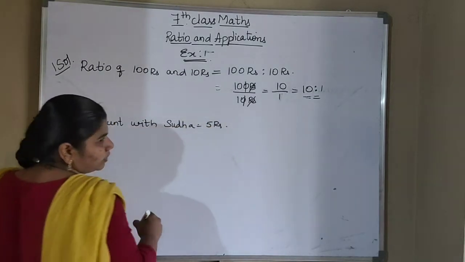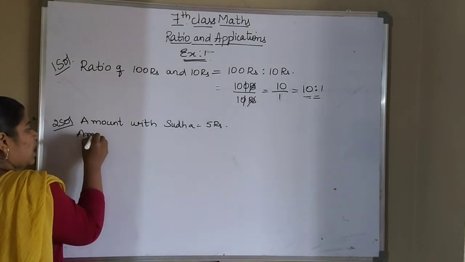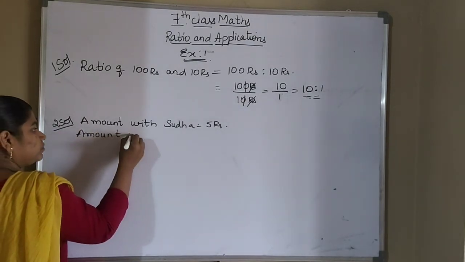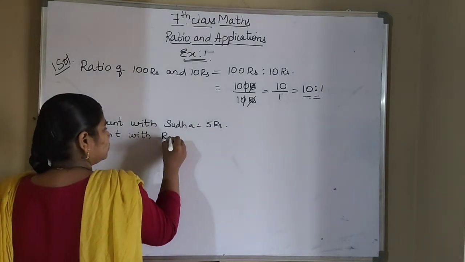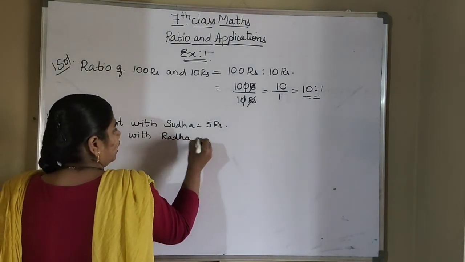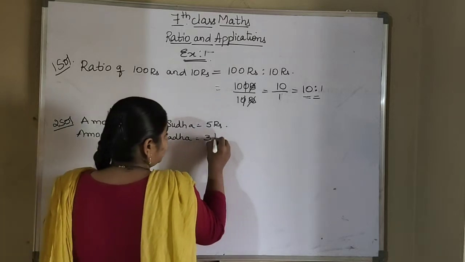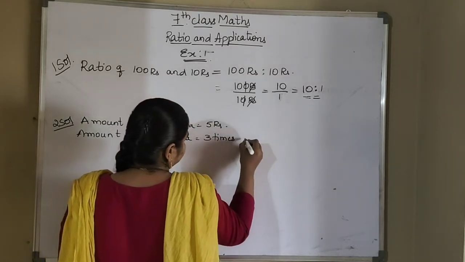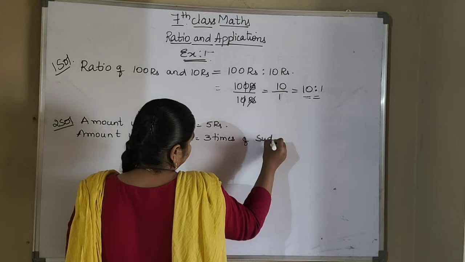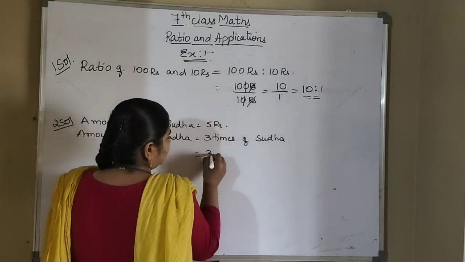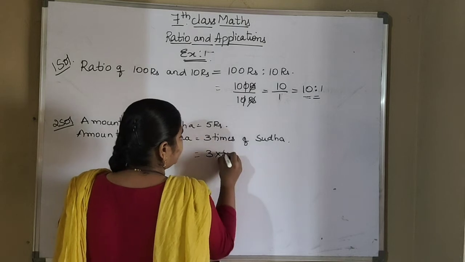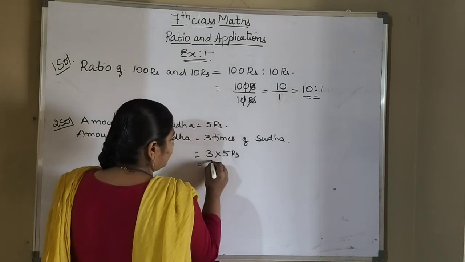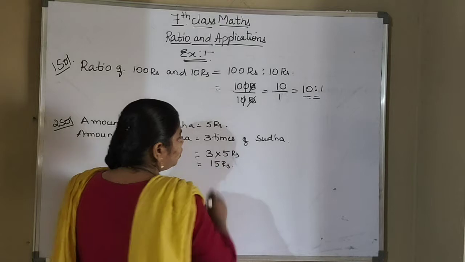Rupees 5. And the amount with Radha is 3 times of Sudha. So 3 times is nothing but multiplication. Sudha is having how many rupees? 5 rupees. So Radha will be having 15 rupees.